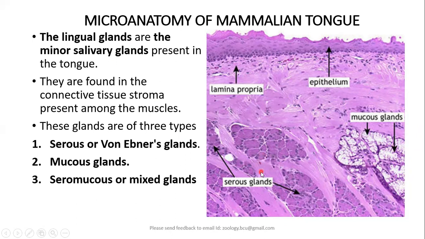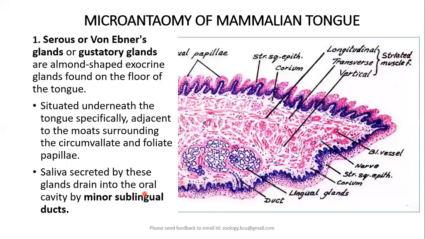So these glands are found in the connective tissue stroma surrounding the muscles. Connective tissue means it is a nutritive and binding tissue which will have a rich supply of nerves and also the blood vessels. So these lingual glands are of three types: serous or von Ebner's glands, mucus glands, and seromucous glands, which are mixed glands.